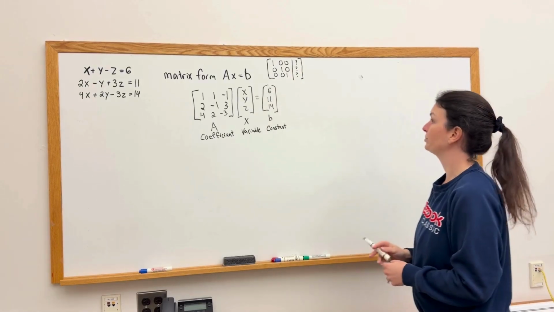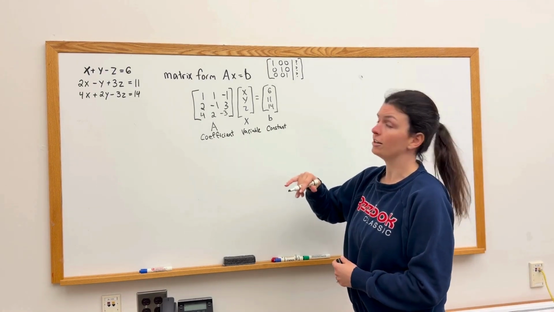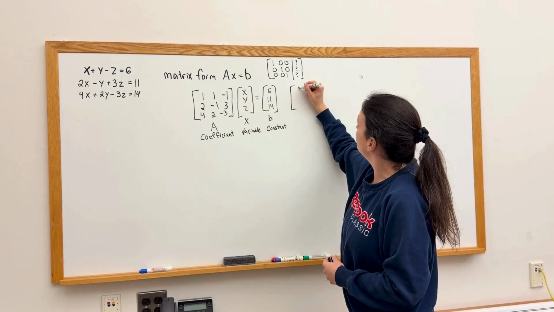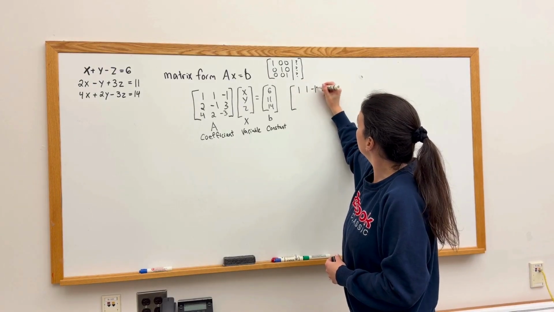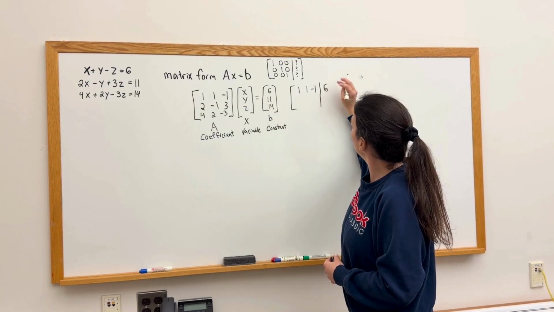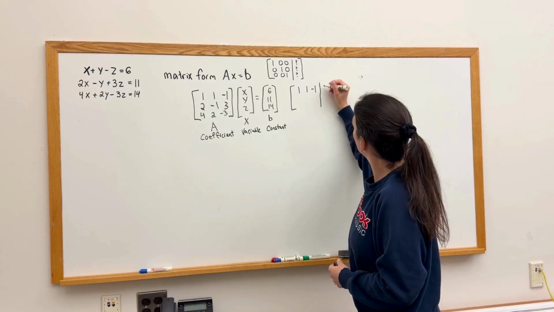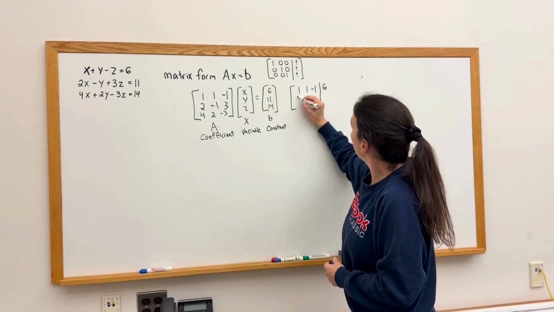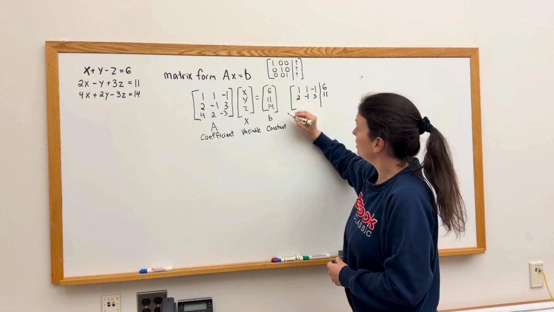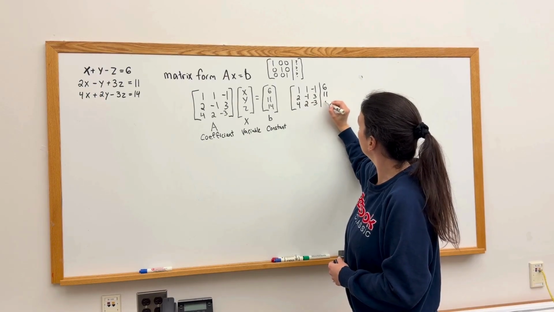So now let's create the augmented matrix based on our equations. So that augmented matrix is 1, 1, negative 1, 6, 2, negative 1, 3, 11, and then 4, 2, negative 3, 14.